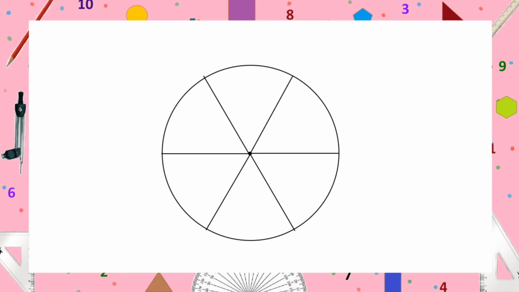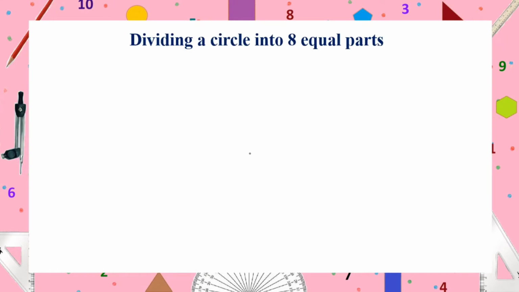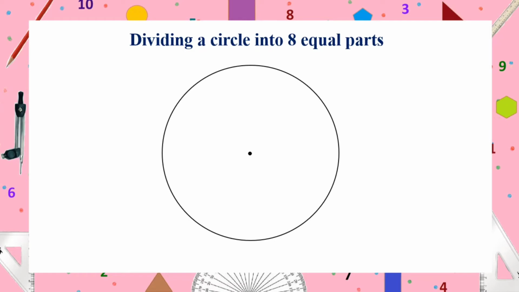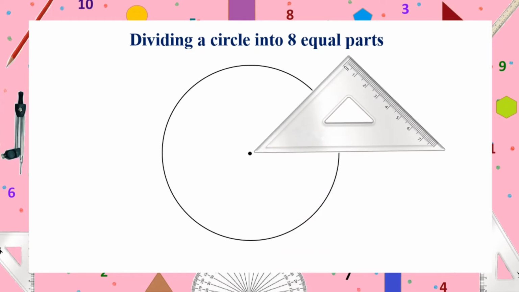So, if there were 8 persons in that home, then they have to divide that cake into 8 equal parts, right? How can we divide a circle into 8 equal parts? Let's check. Draw a circle and then use the first set square. This set square has 2 equal corners.